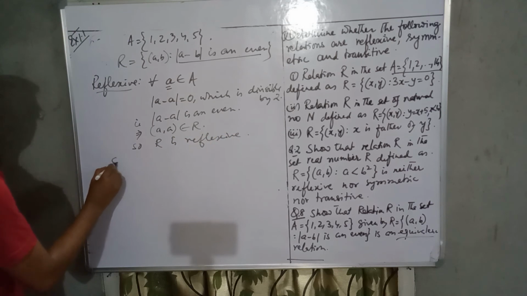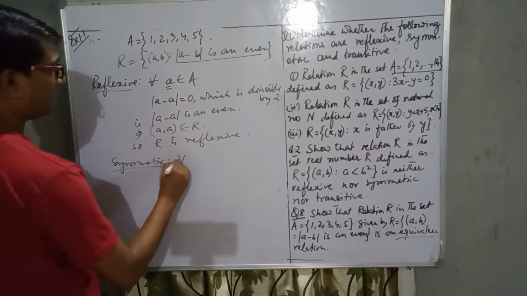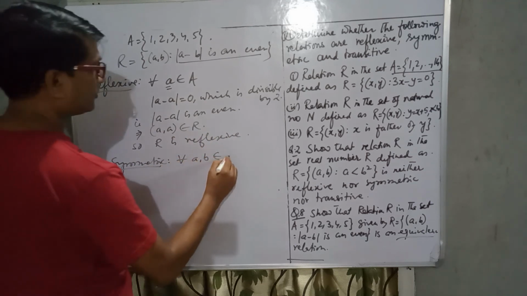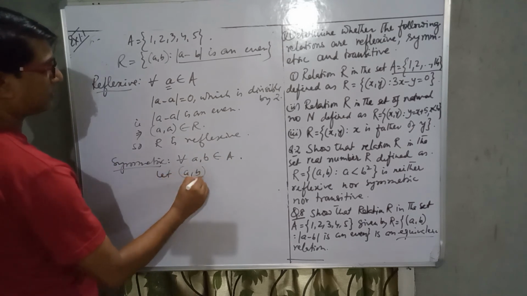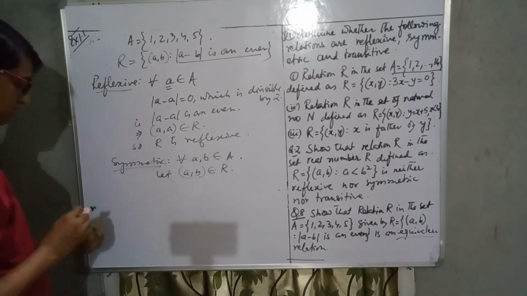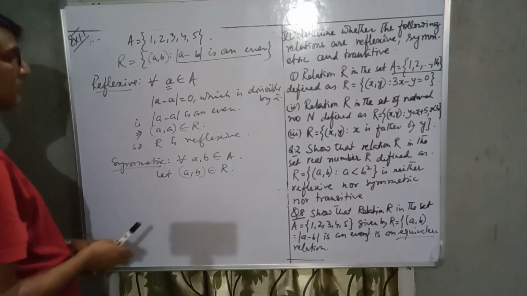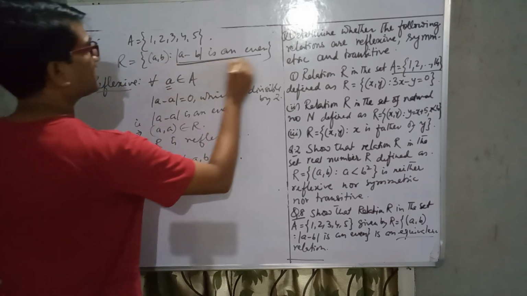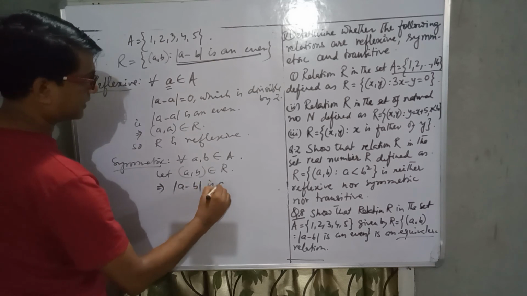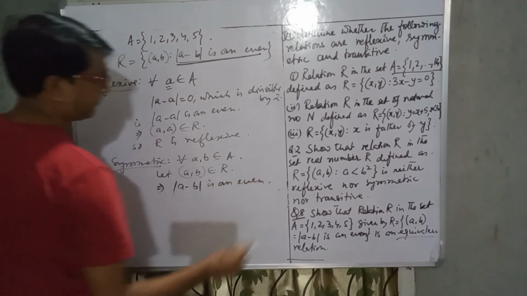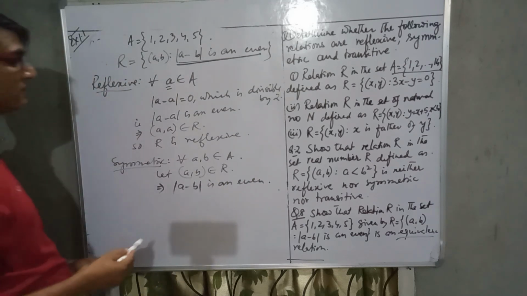Next is symmetric. For a, b belonging to A, let (a, b) belong to this relation. If the elements belong to the relation, then the condition is modulus of a minus b is even.